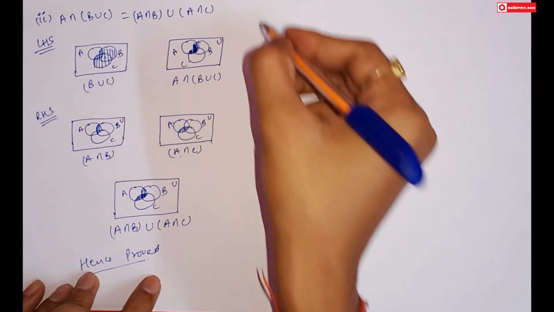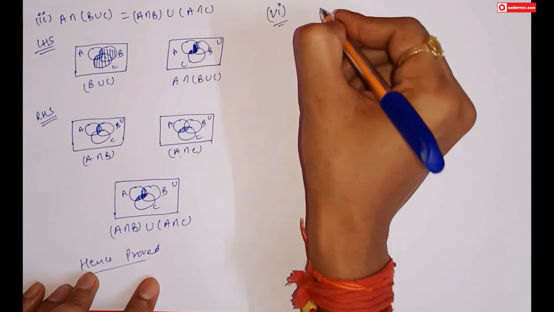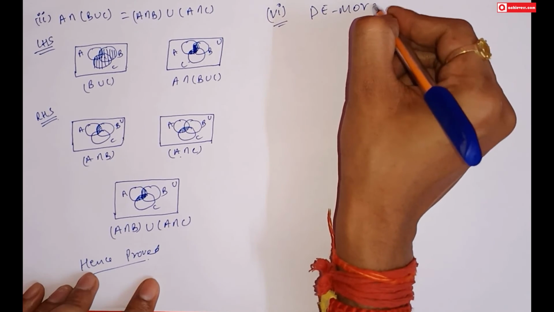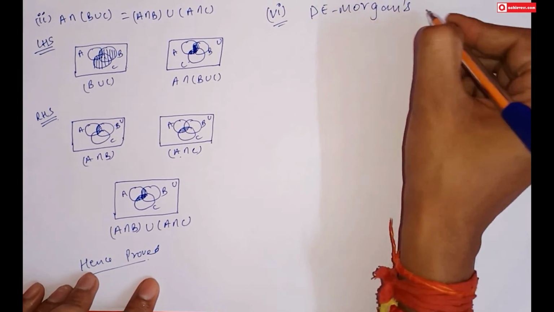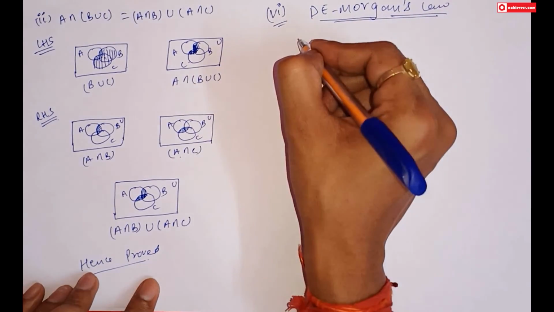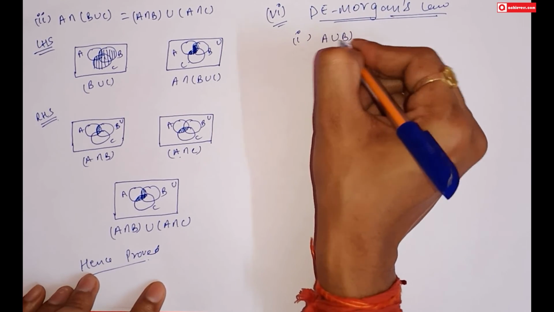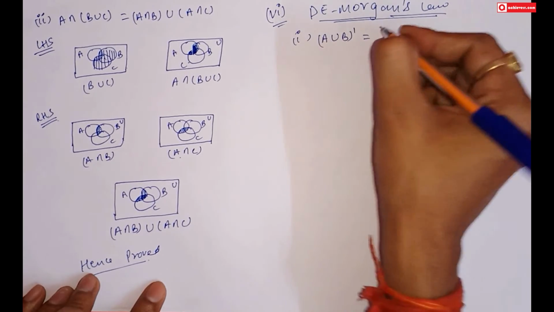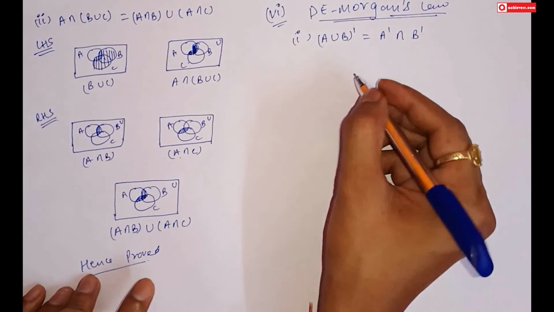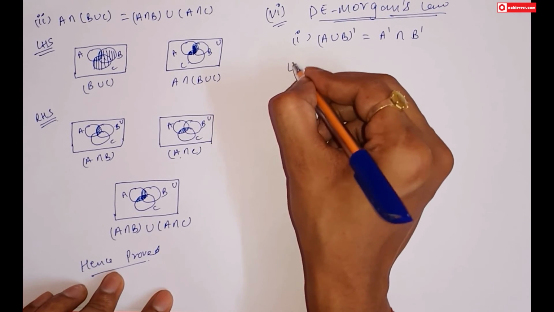So next law is De Morgan's law, and last one. The first one in this De Morgan's law is (A union B) complement. This is equal to A complement intersection B complement, and we can prove this by Venn diagram again. So first we'll go with LHS side.